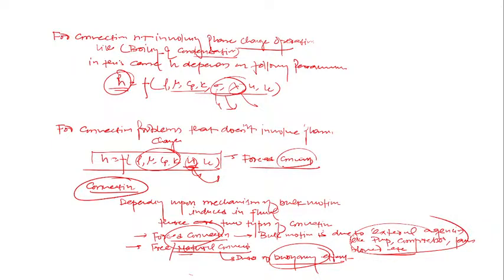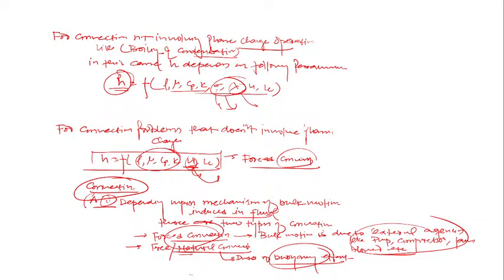So we are specifically going to start with forced convection. So this is the first classification of convection problems depending upon the mechanism of bulk motion induced in the fluid.